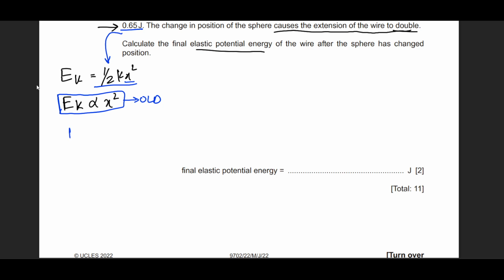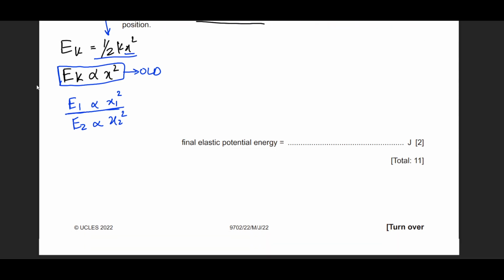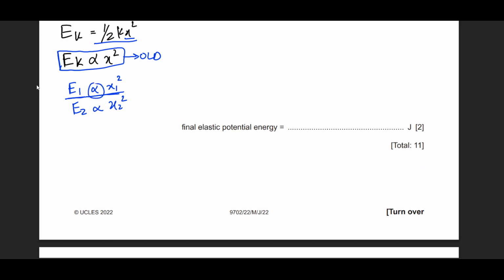So that system looks something like this: E1 divided by E2, and of course they are proportional to their respective extensions, x2 squared. This was also proportional, but we've divided the whole system, which converts this proportionality into an equality. So the formula becomes E1 divided by E2 equals x1 squared divided by x2 squared.